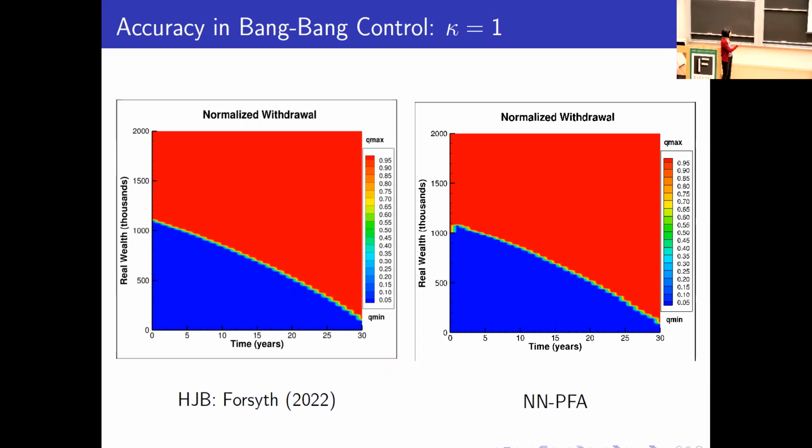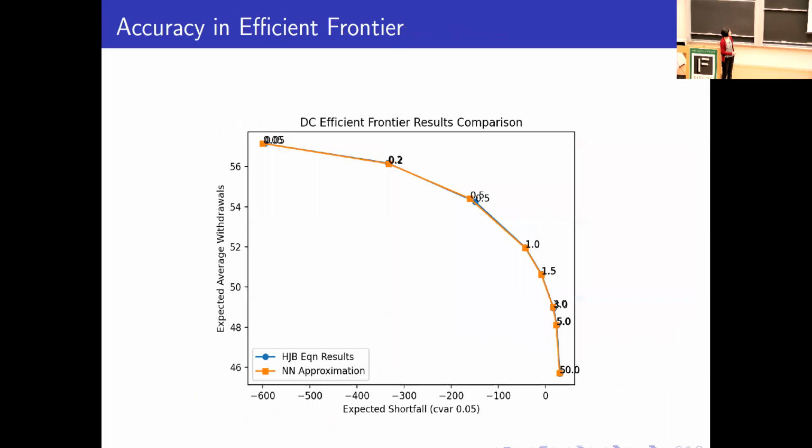Here is the heat map of the withdrawal from the HJB equation. It's a bang-bang control, two colors. And here is the neural network without dynamic programming, using the policy function approximation approach. You cannot see the difference. So it's able to generate this discontinuous bang-bang optimal control. All right, that's good.